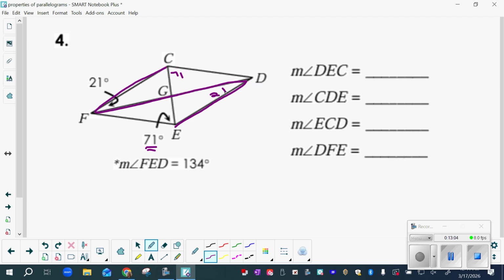One more tricky thing I need from you. This whole thing, F to E to D, is 134. Can you talk to your neighbors and figure out what that angle is? Do it on your calculator.